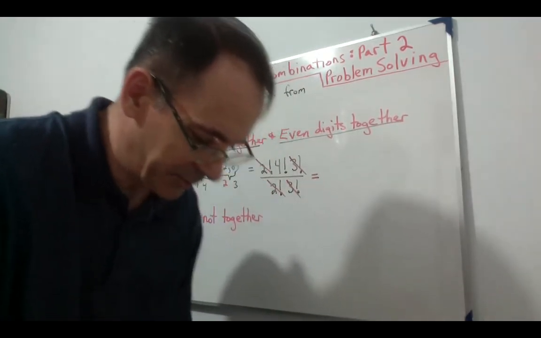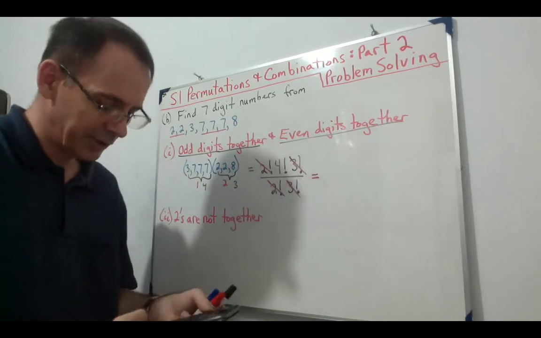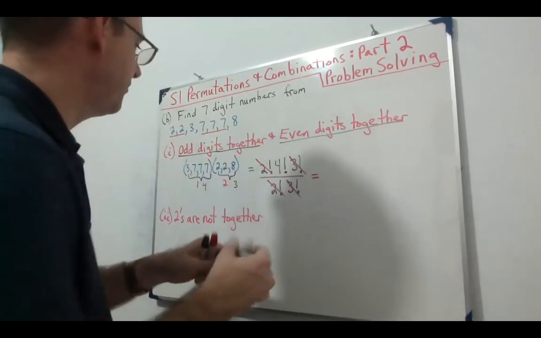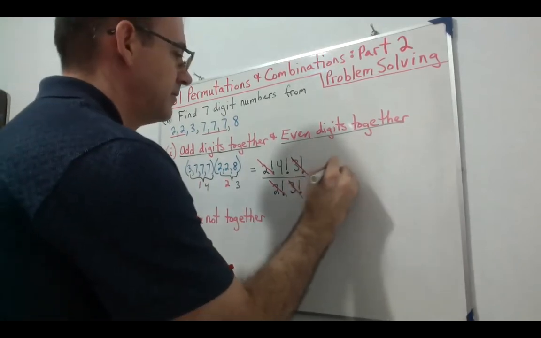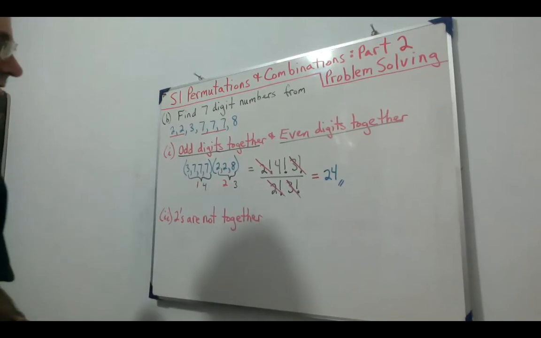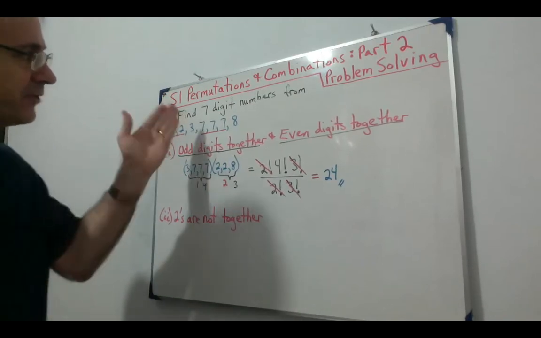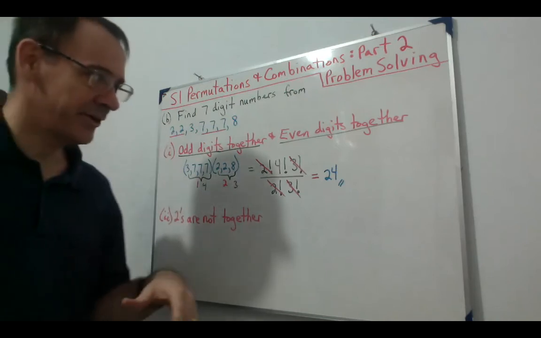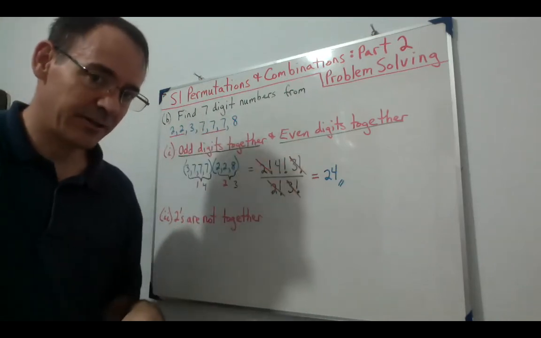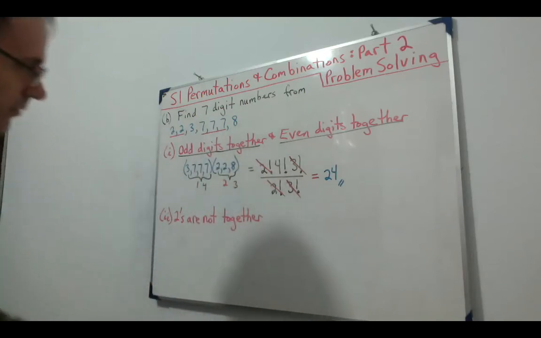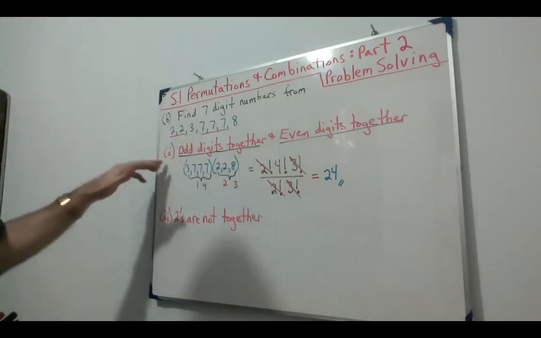And so when you multiply 4 factorial, that gives you 24 different 7-digit numbers that have the odds together and the evens together, and you can distinguish the numbers from each other. So that's part I.